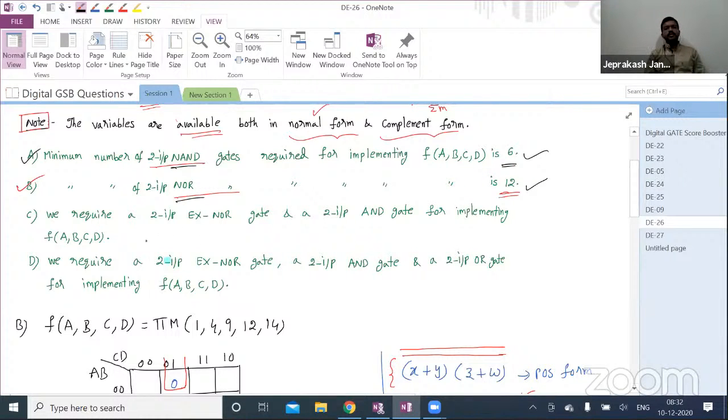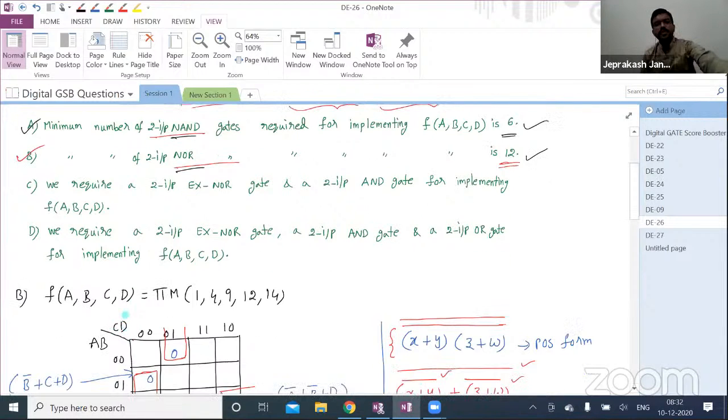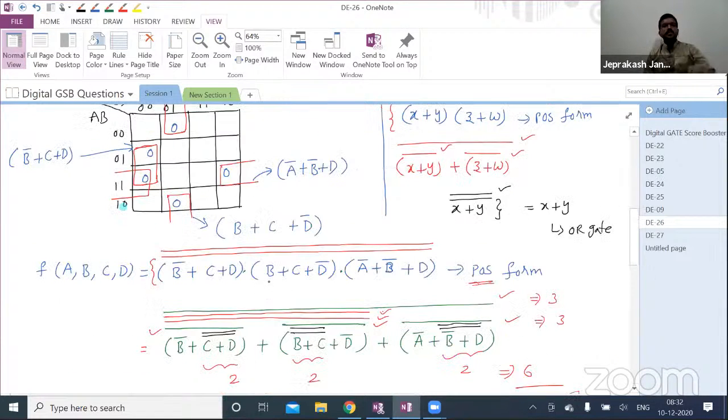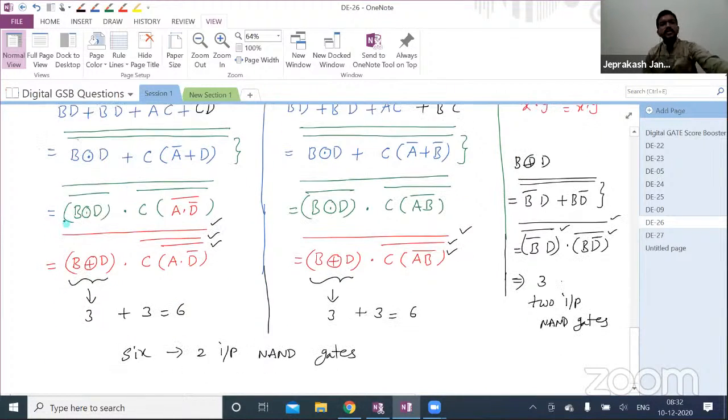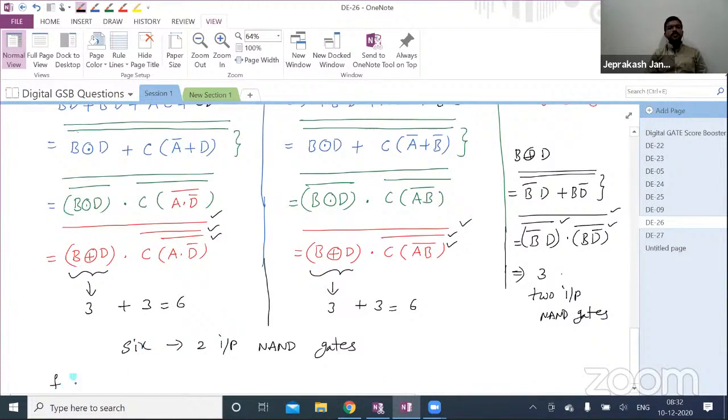Right. Now regarding C and D, which one is correct? Let us verify. Just observe this particular function. Whatever function you got here, I am writing here once again. F of ABCD, under the 2 times complement, what is the function you have?